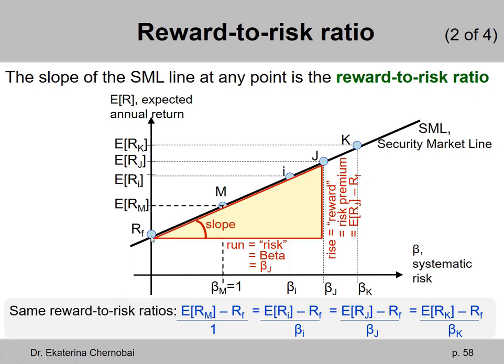So for example, we could draw a triangle which starts at the risk-free rate and then ends at point M, and then goes straight down to form the right angle. Or it starts at the risk-free asset, goes diagonally along the security market line and stops at point I and then goes straight down, or point K. So all these triangles will have the same slope.